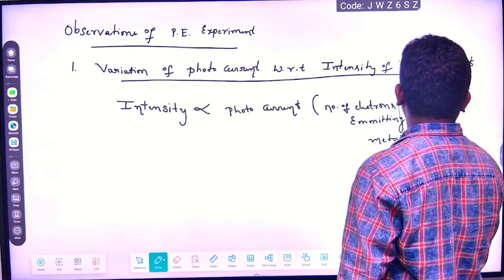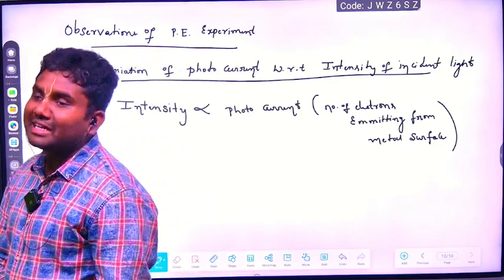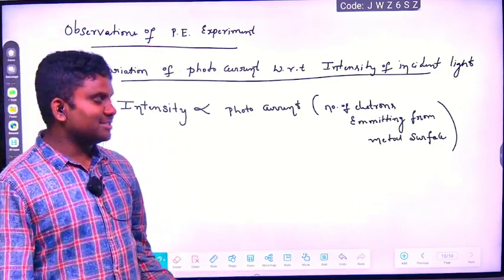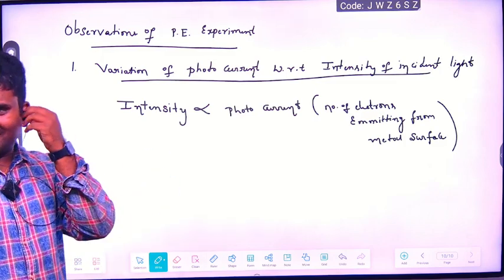If the number of electrons emitting from the metal surface is more, then what happens? The photocurrent increases. That photocurrent increases means what? That the ammeter will show maximum deflection.